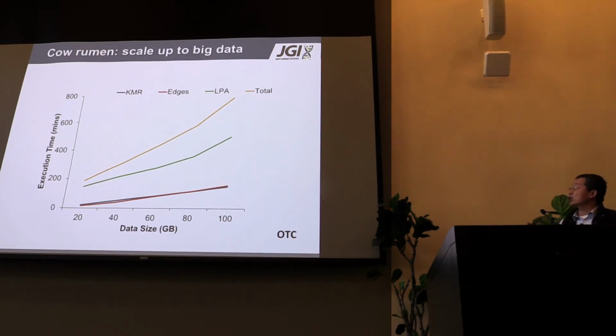For all the 3 steps, as well as the total time required to run the 3 steps, we get near linear scalability. That's really exciting because with only 20 nodes with OTC, we can already run 100 gigabytes. So we are on our way to scale up to 1 terabyte.